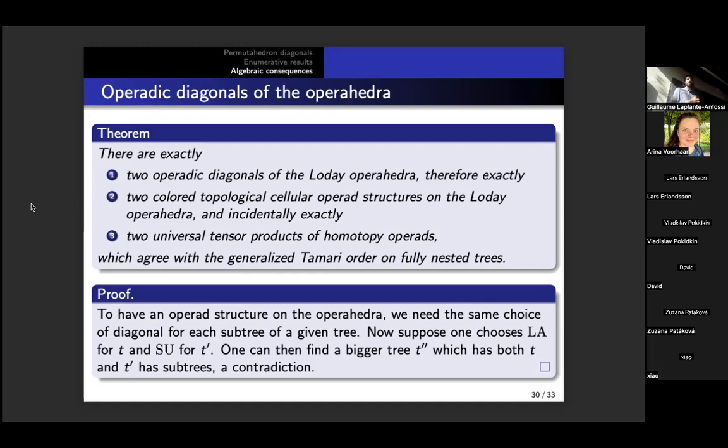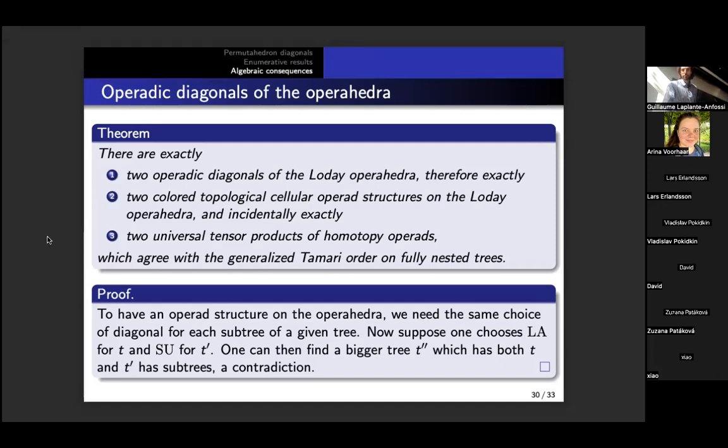So if I make different choices, I get a contradiction. But believe me, this proof is not very difficult once everything else has been set up. But it is a very interesting result. It says that this is quite a constrained problem, and there are basically 2 solutions to it.